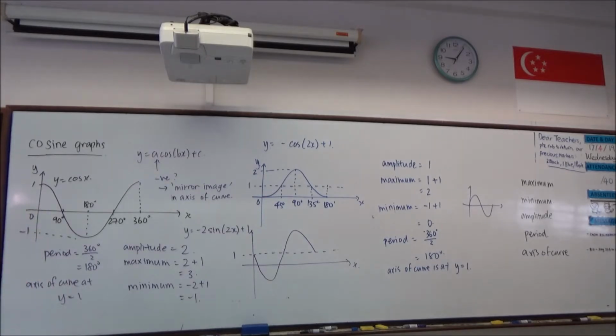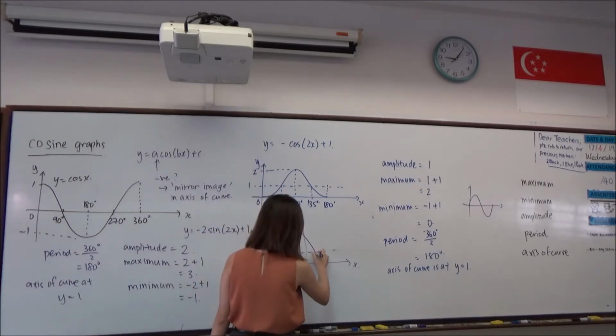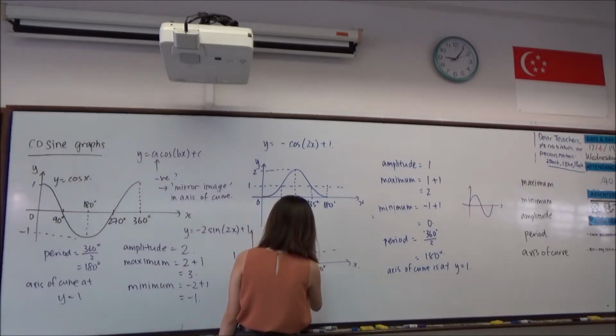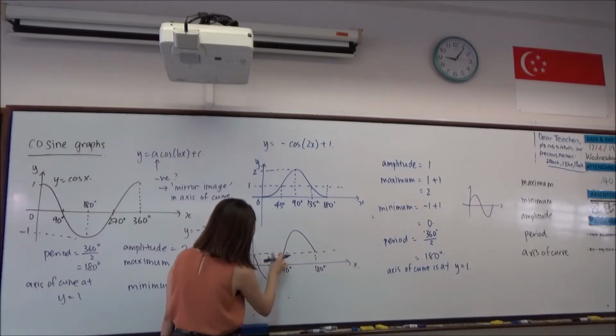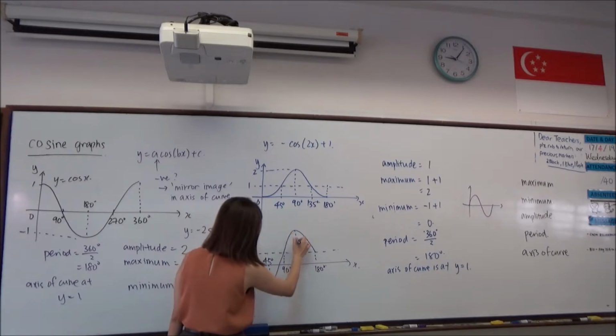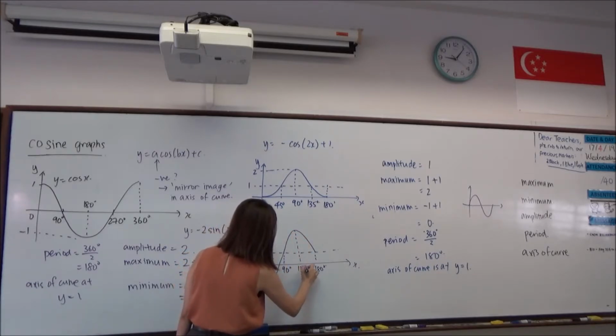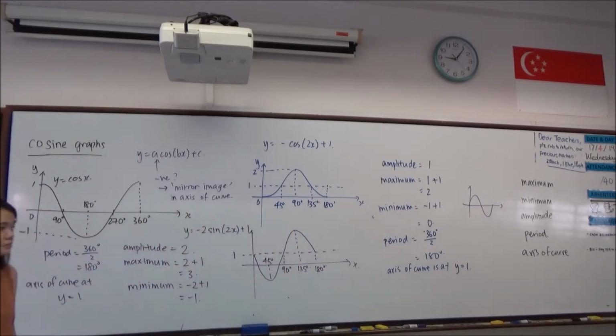Now that we have the shape right, we put in all the numbers. So 180 degrees, 90, and this will be at 45, this is at 134.